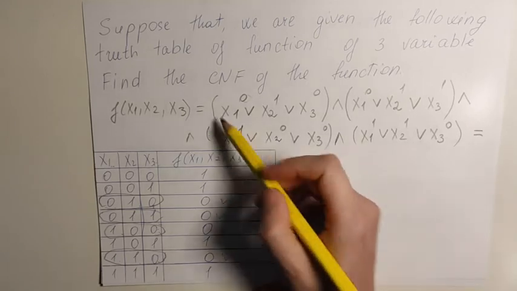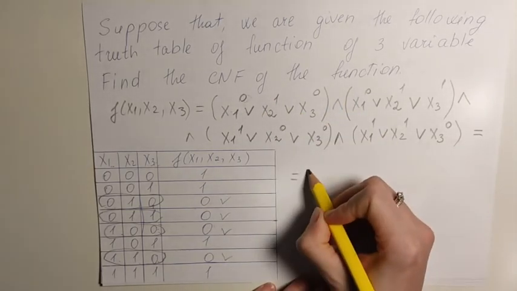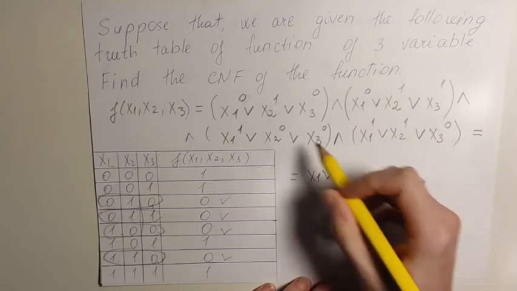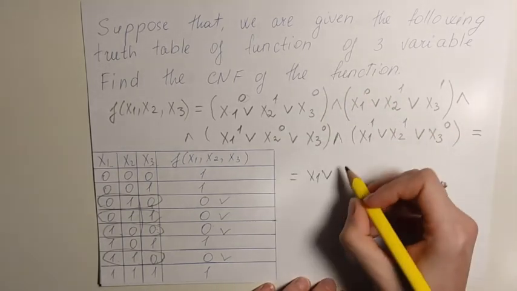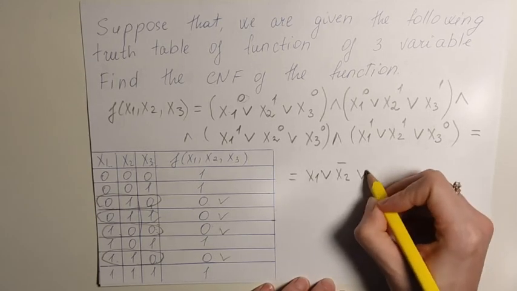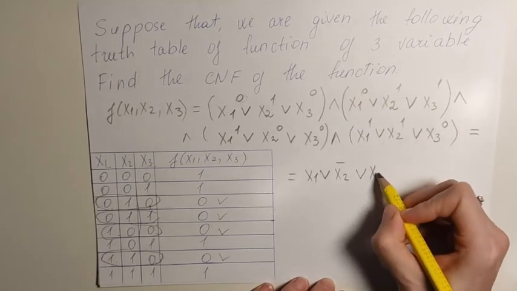So x1 0 remains the same, x1. x2 1 will be changed, x2 negation, and x3 0 remains the same.